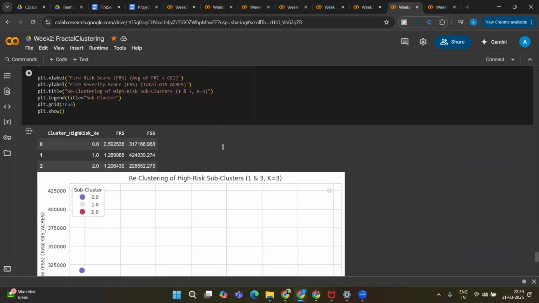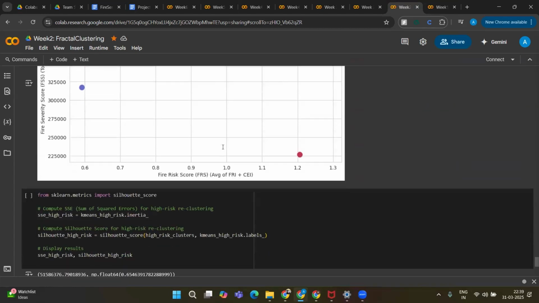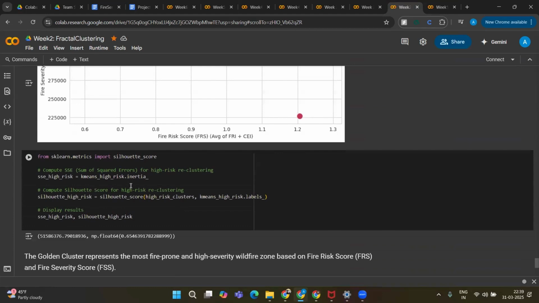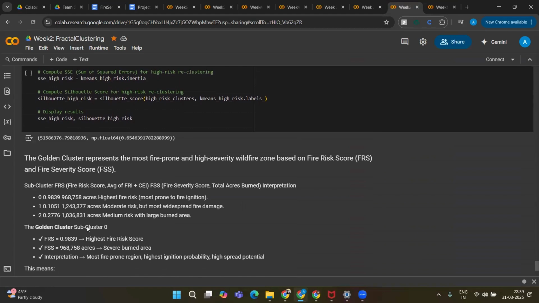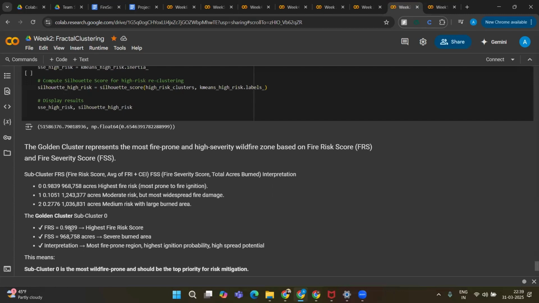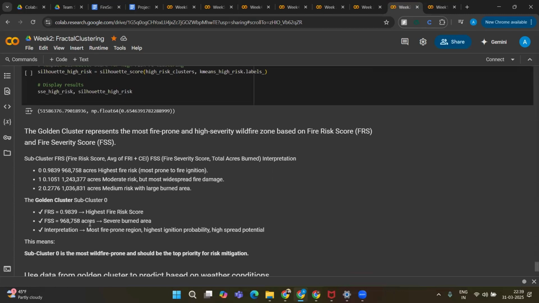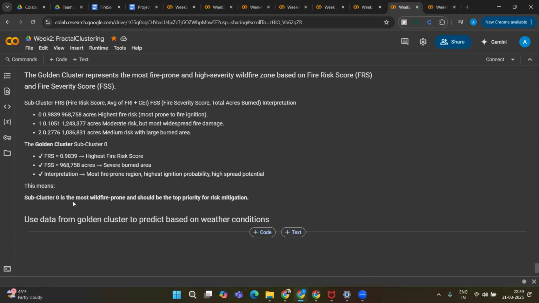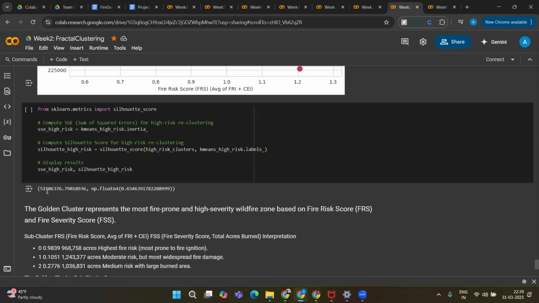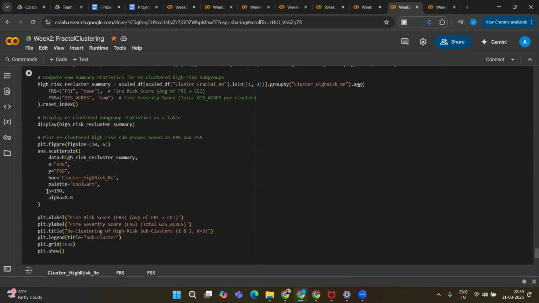That is what we did. And then we computed the silhouette score and the SSE. As you can see, we chose subcluster 0 as our golden cluster because it has the highest fire risk score and also the most burnt area. So we can conclude that subcluster 1 was our golden cluster, which we saved.